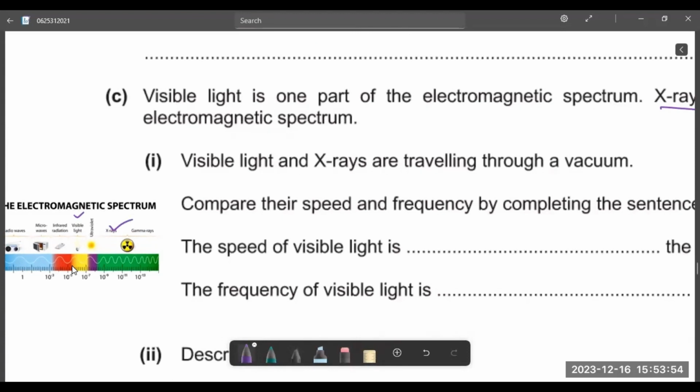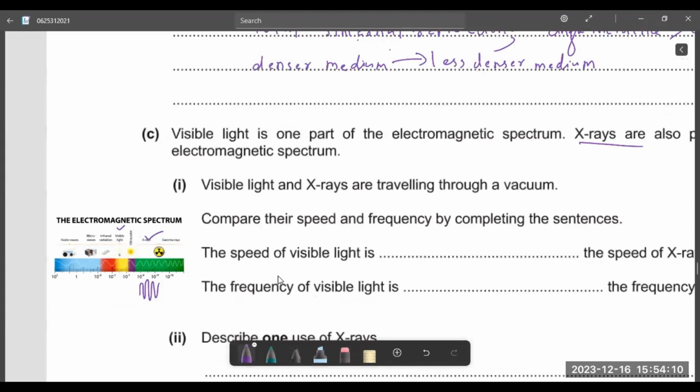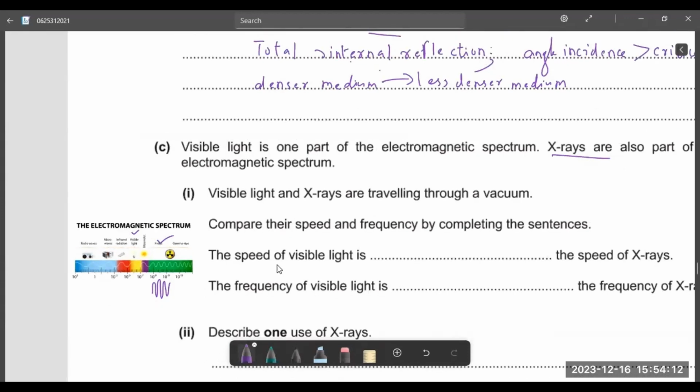The frequency also we can see here. Visible light has lesser frequency compared to X-ray. X-ray has more frequency. So our question is, the speed of visible light is the same as the speed of X-rays.